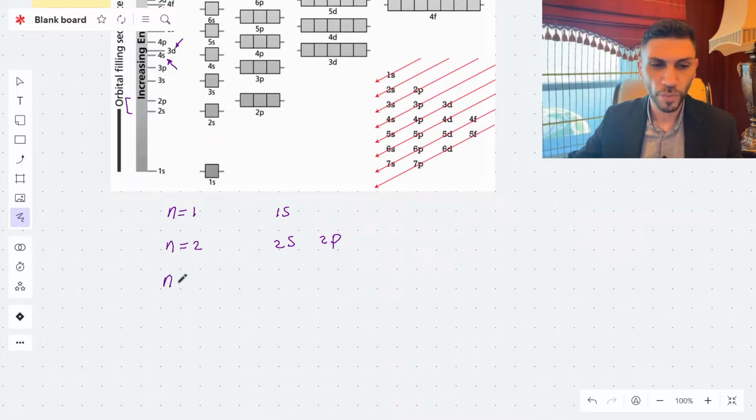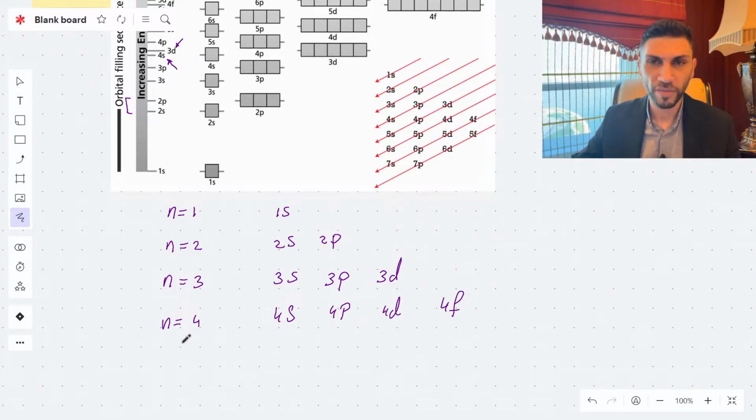When n equals 3, we have 3s, 3p, and 3d. And when n equals 4, we have 4s, 4p, 4d, and 4f. Then we continue with 5 and 6, and we only have 5f, 6, the last sublevel.